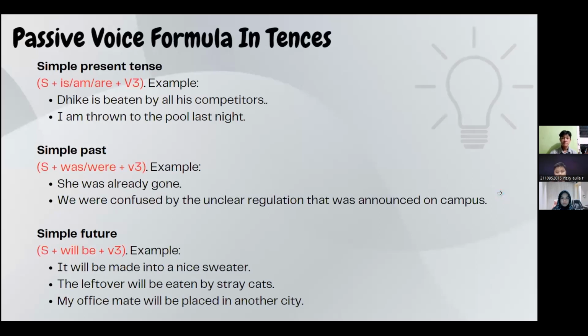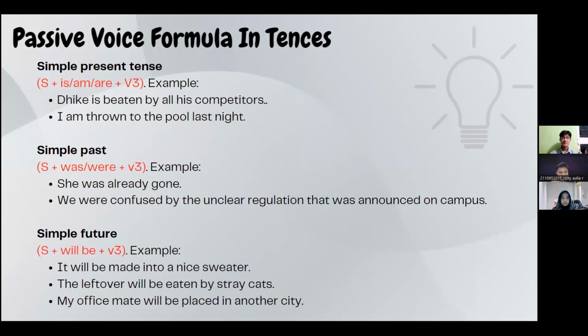Passive voice has many forms and must be adapted to the formula of the previous active sentence. So this is the passive voice formula in tenses. The first one is simple present tense. The formula of the passive voice is subject plus is or am or are plus verb 3. The example, DK is beaten by all his competitors.